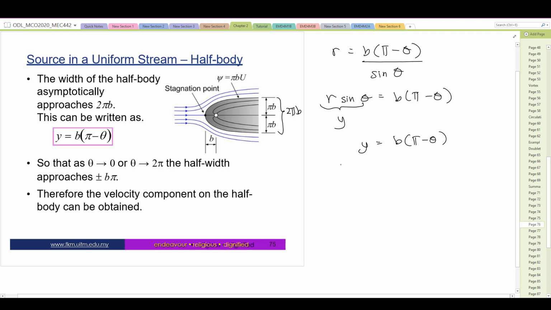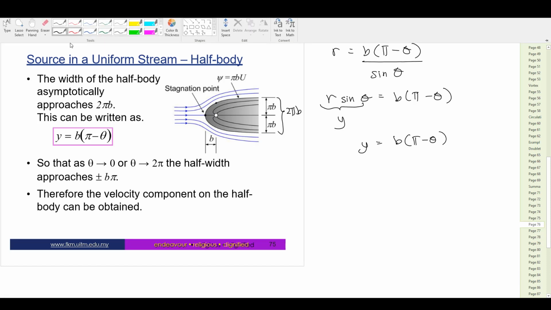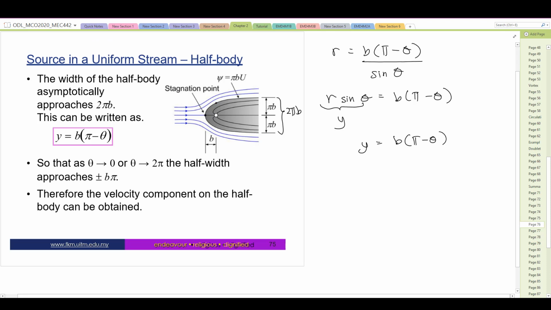Let's say you want to find this position, the distance y at this point. You can use this equation, y equals b (pi minus theta).